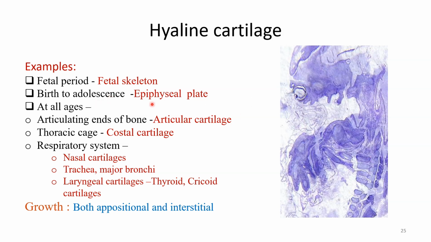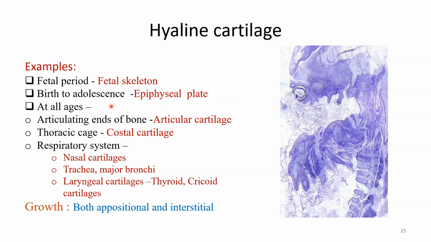And from birth to adolescence, we will see the hyaline cartilage at the epiphyseal plates, which will be replaced with bone, and once the epiphyseal plate of hyaline cartilage is replaced with bone, the growth in length of an individual will stop.